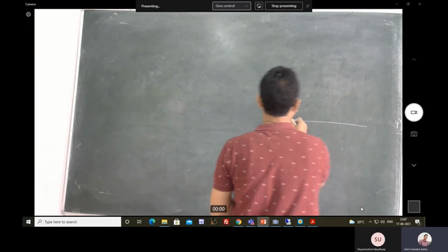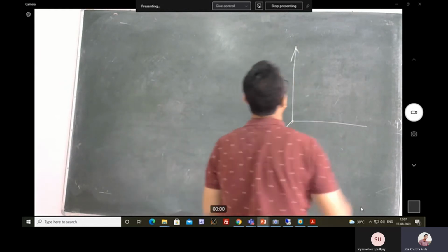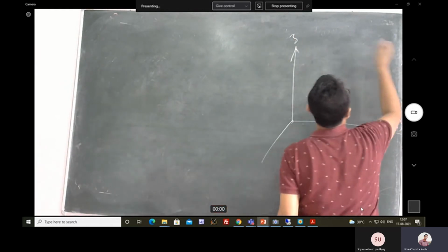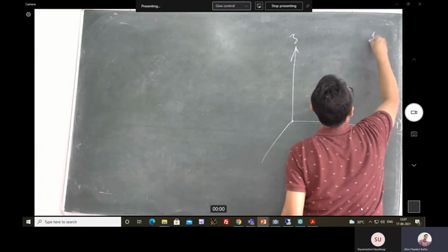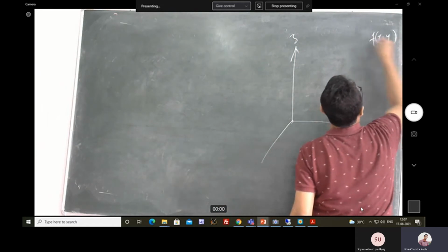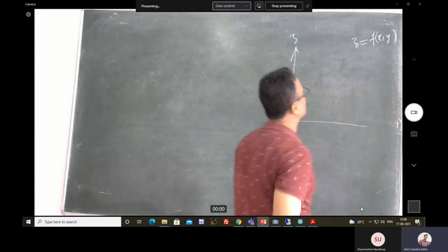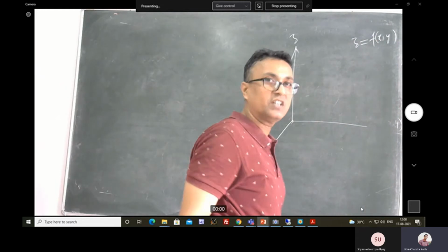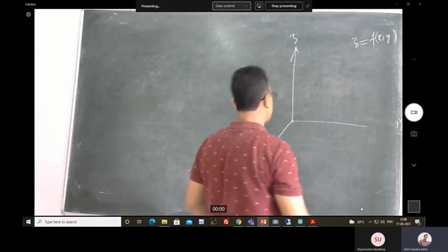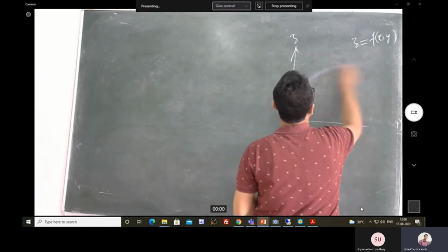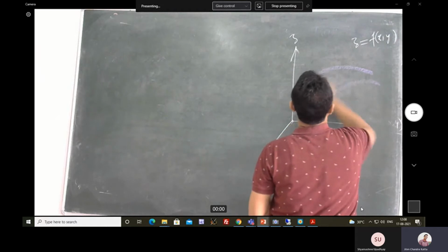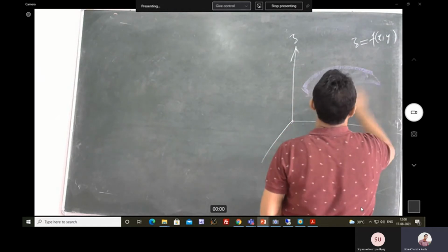Let me do it directly. Suppose I am considering a function of two variables, and I am denoting it by z equal to f of x, y. I am going to consider the graph of that function as a surface, and suppose this is your surface.